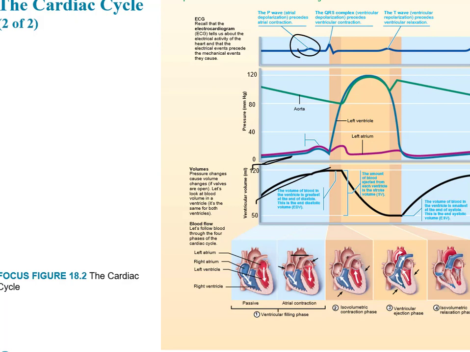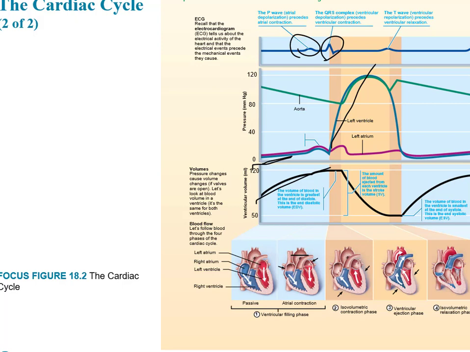So that's what you're seeing over here. The left ventricle pressure is beginning to rise. So the pressure is building. The muscles have been depolarized. So what you're seeing over here is the QRS complex, or ventricular depolarization, being noticed over there.